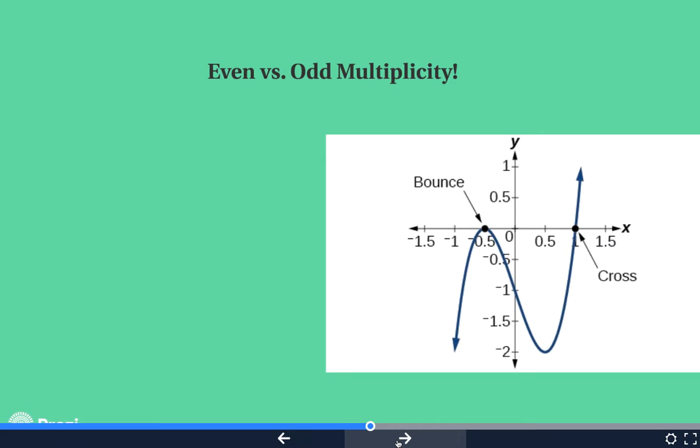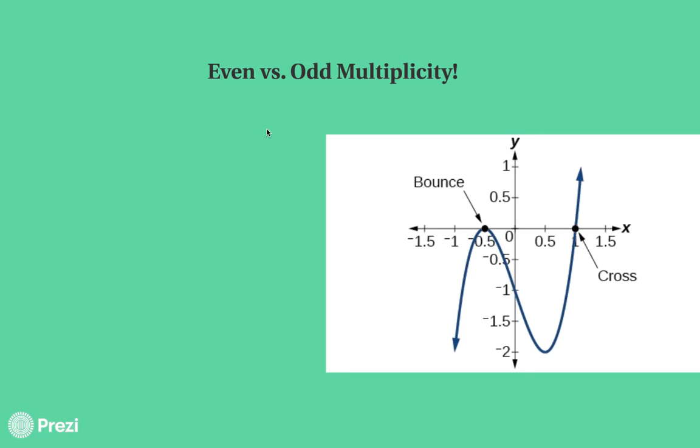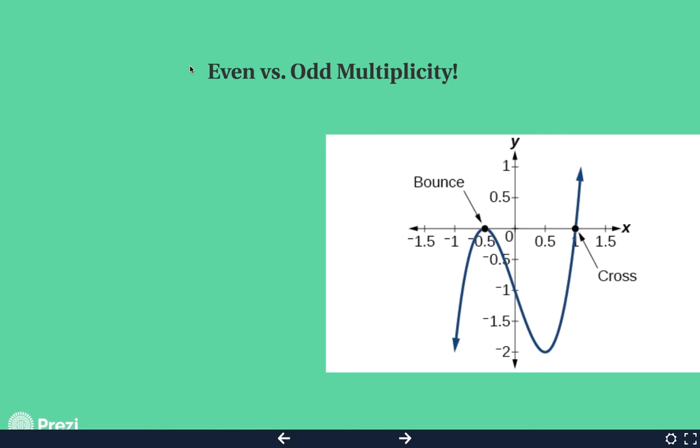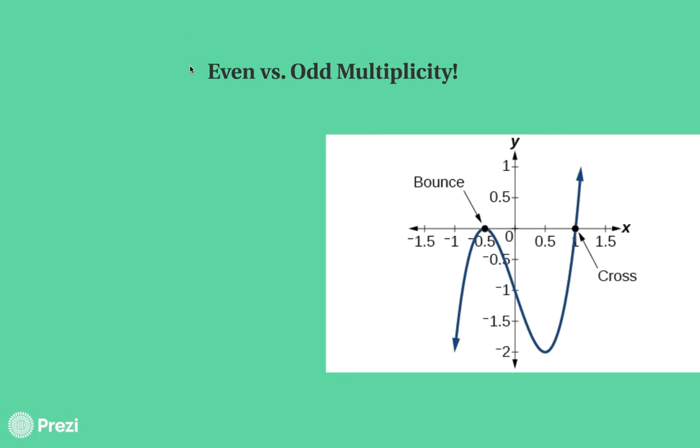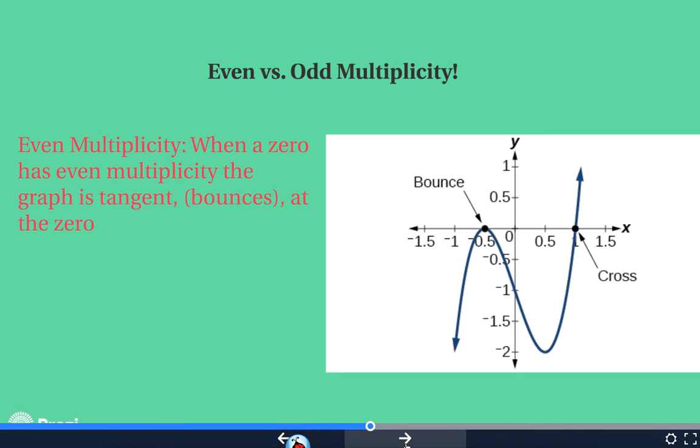Okay, so in class we did this nifty activity where you guys found out how the graph behaves at zeros, and it's actually based on the multiplicity. And it's based on if it's an even or an odd multiplicity. So, in factored form, if you have an even exponent, okay, the graph is tangent at the zero, or it will bounce off. Okay, so see how it kind of comes to the zero, it's like boing, and it bounces off?